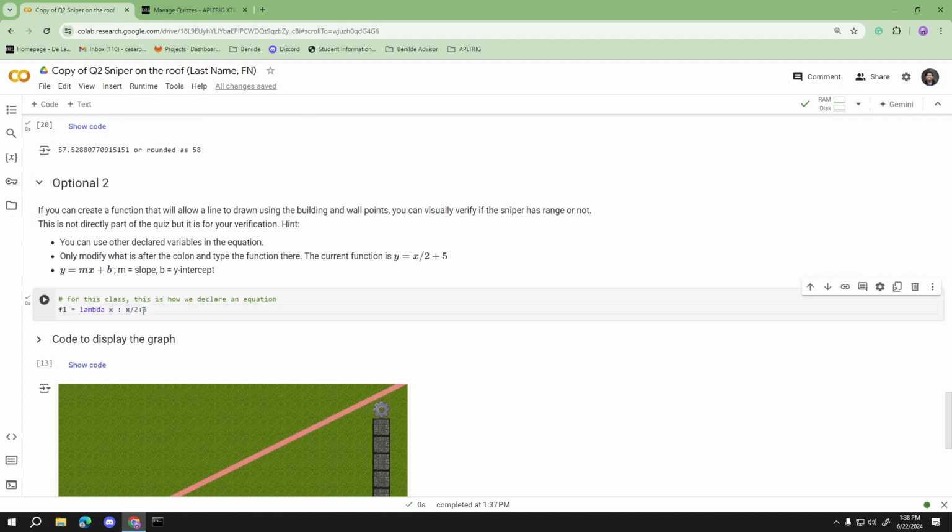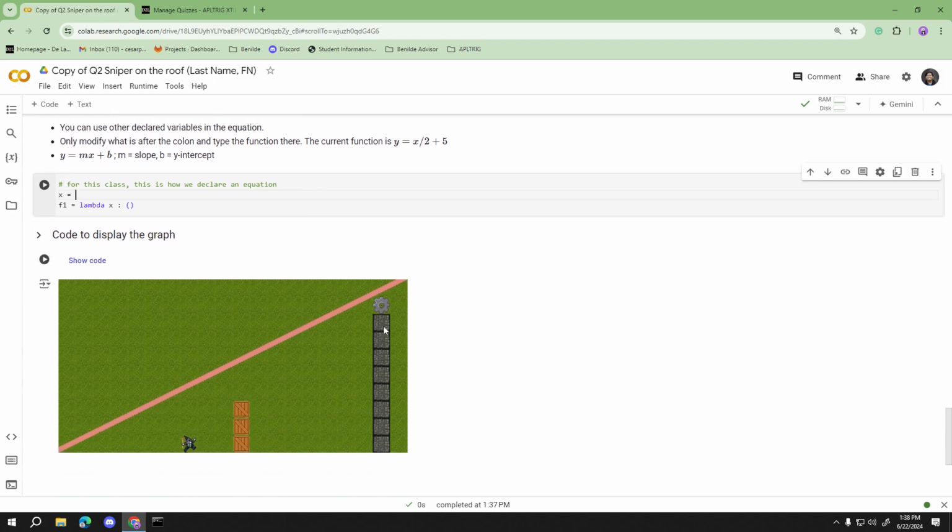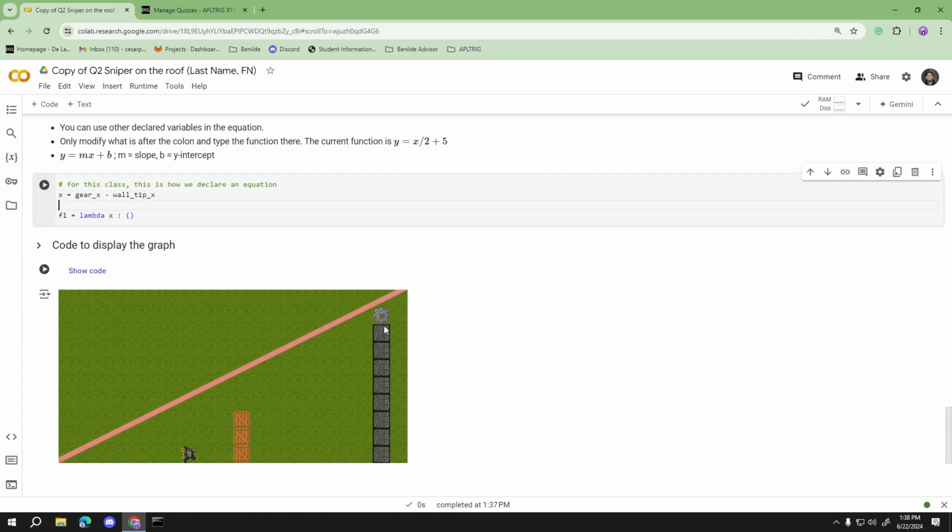If I do this correctly, hopefully it's correct. The slope: we have gear x minus wall tip x, and gear y minus wall tip y. The y-intercept, I believe, should just be wall tip y.